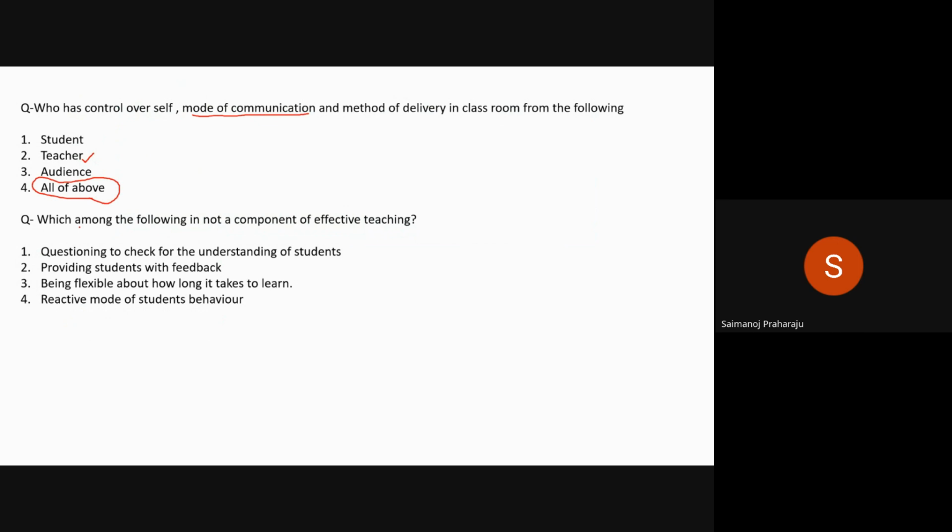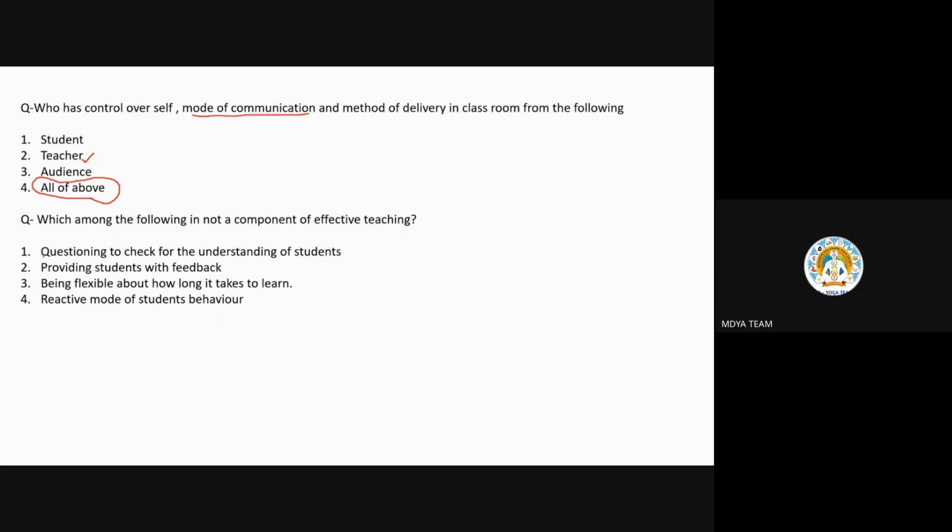What is the meaning of reactive mode? If students are doing something in the class and the teacher is reacting to that thing, then reactive mode of students' behavior, then four would be the right answer.